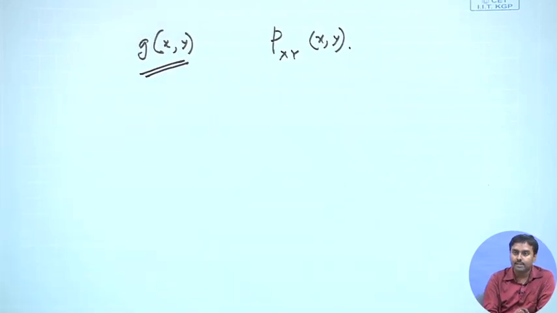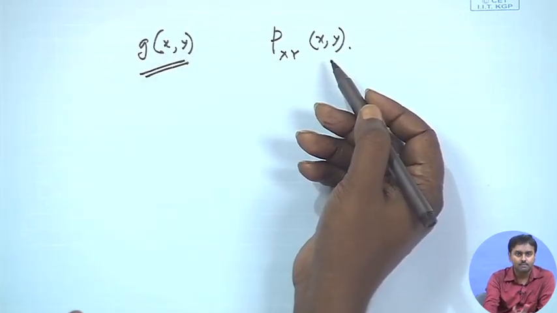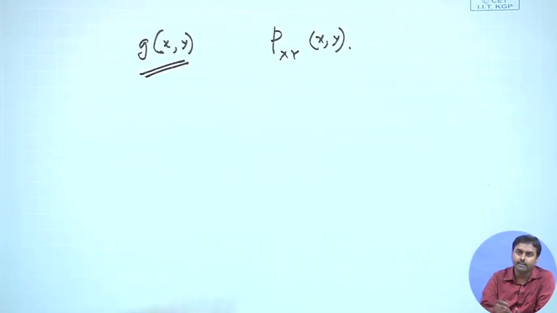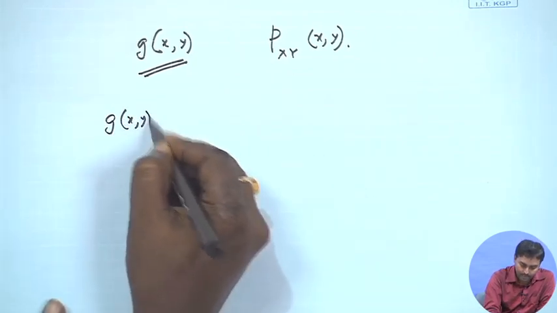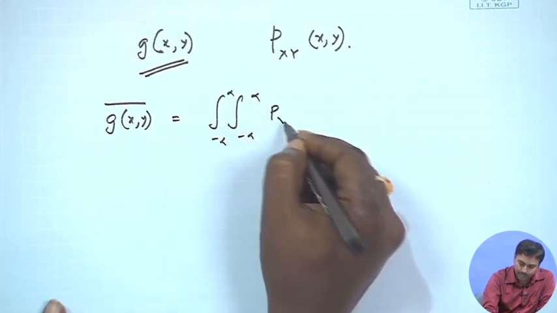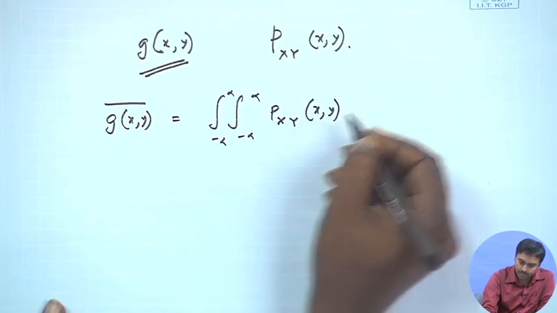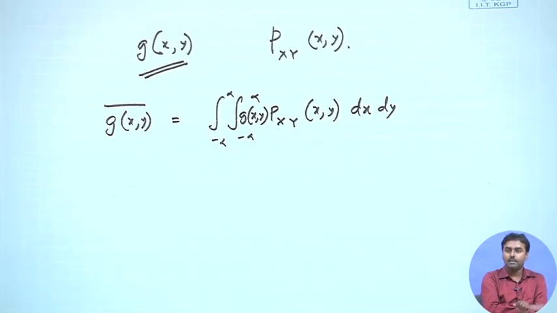It will be the same thing: for each (x,y) I multiply with its associated PDF and integrate over the entire domain of x and y. So g(x,y) bar is the double integral from minus infinity to plus infinity of p(x,y) multiplied with g(x,y). That is the average of g(x,y) that we can calculate this way.